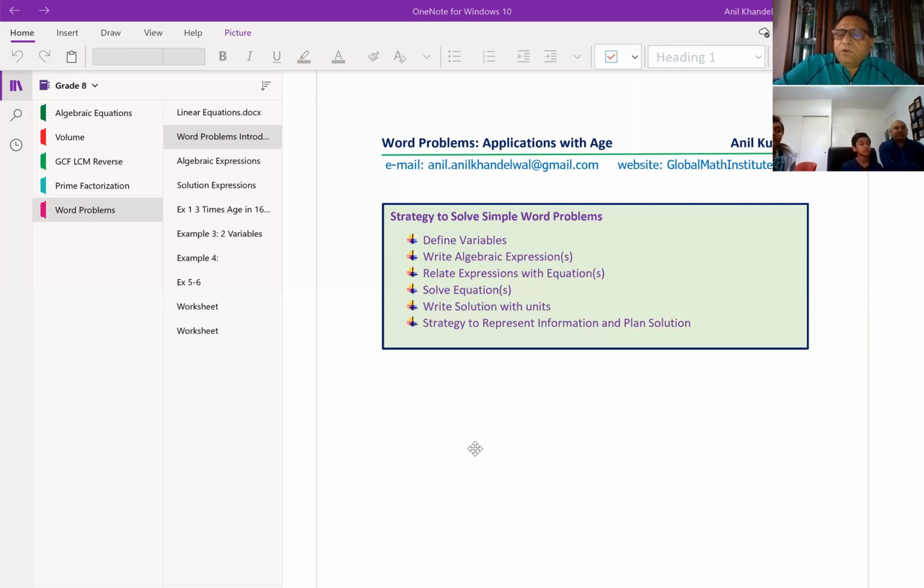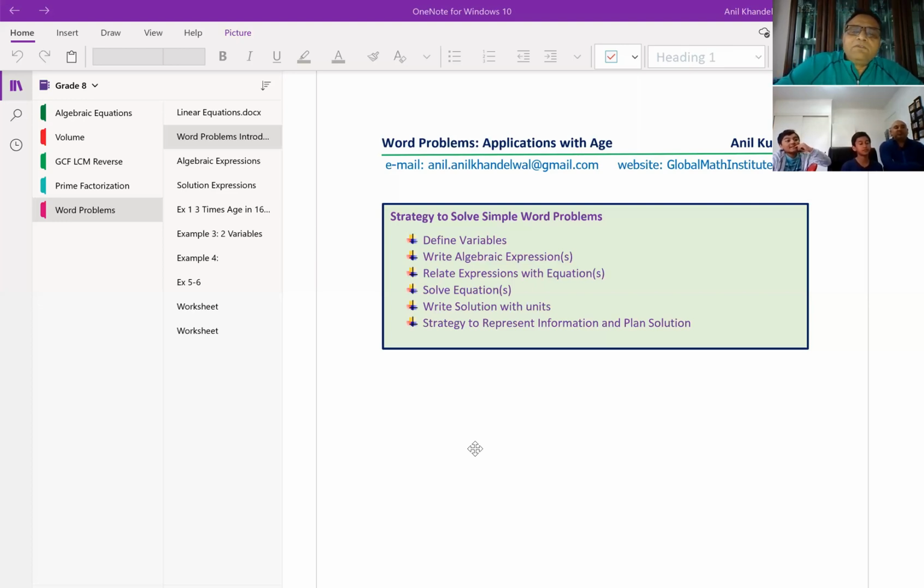Normally, we put lowercase alphabets for variables, but I prefer at times to substitute uppercase alphabets also, especially when we are putting a variable for a proper noun, a name, right? So it becomes meaningful. So I will use uppercase variables also in my examples, which is normally not the trend.